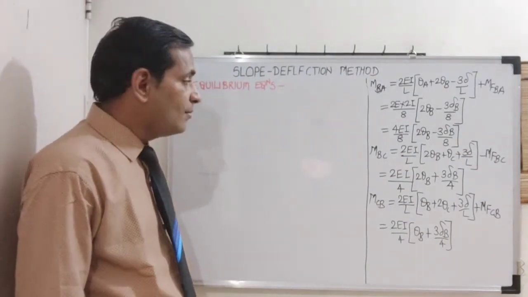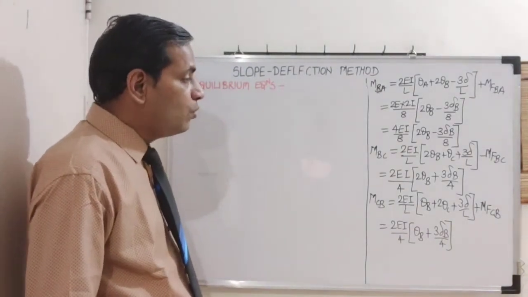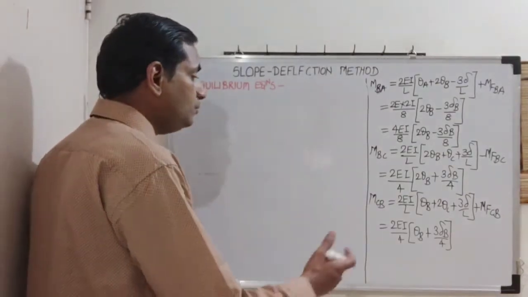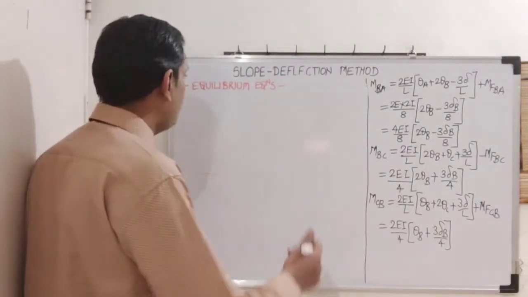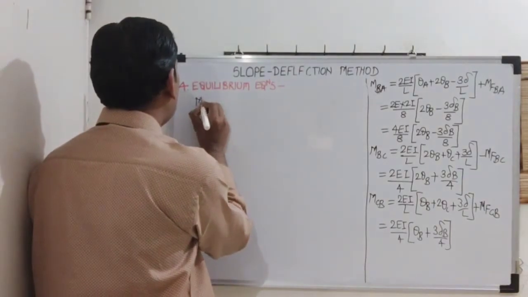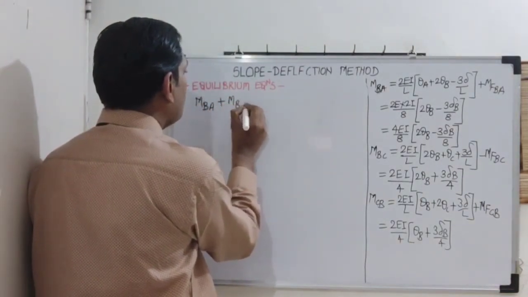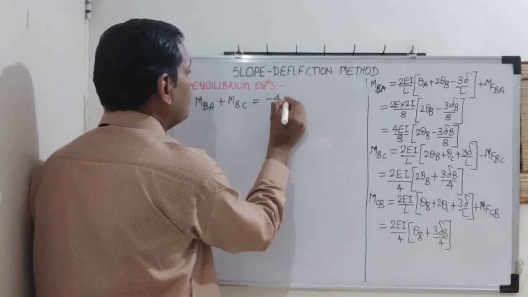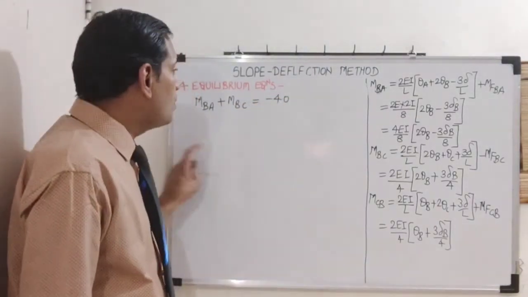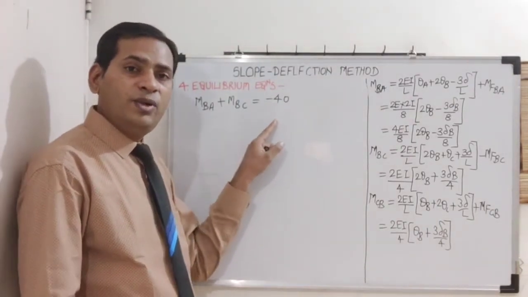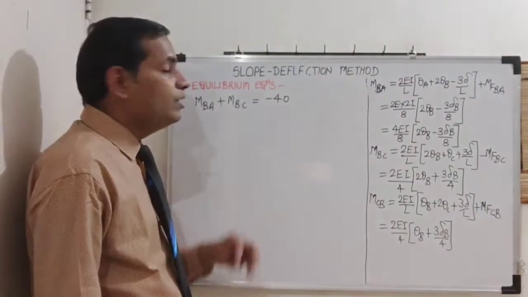One is related to moment, another is related to reaction. Our first equation of equilibrium is MBA plus MBC equal to minus 40.